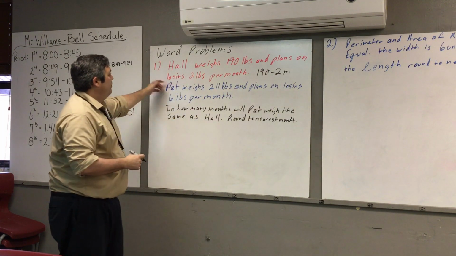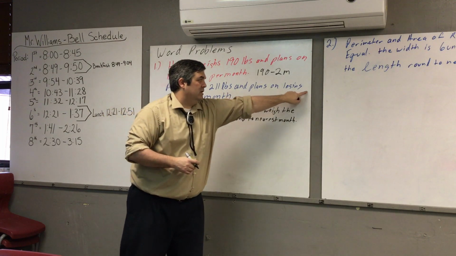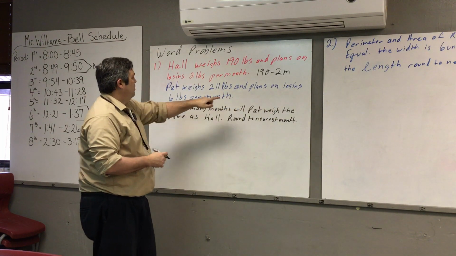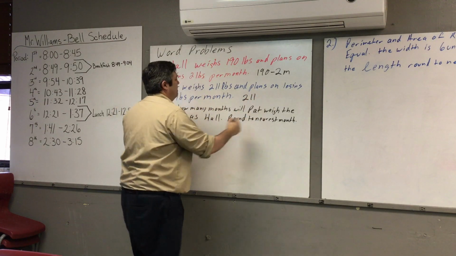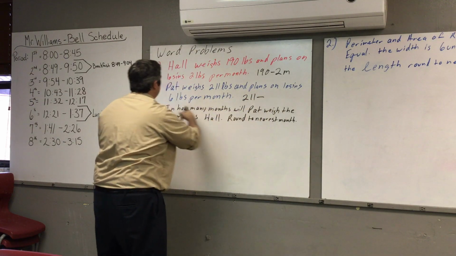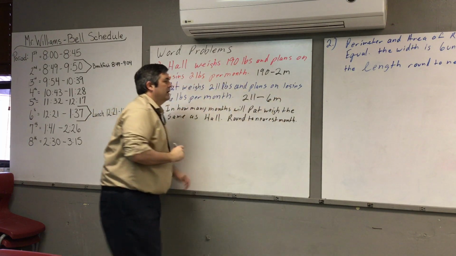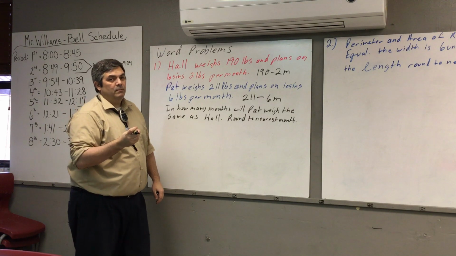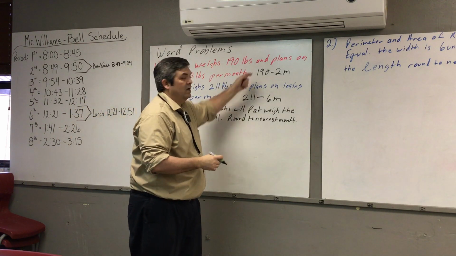Pat weighs 211 pounds and plans on losing, again, there's that losing, 6 pounds per month. So where do we start? 211 minus, because we're losing 6 pounds per month, 6M. In order for you to be able to do problems like this, the first thing you have to do is be able to set these two things up.